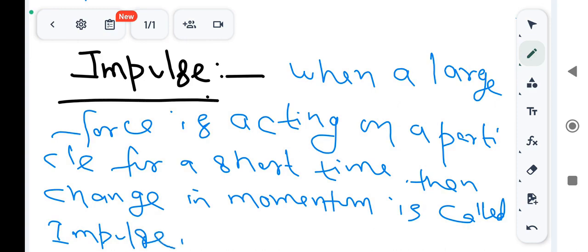The impulse is what? When a large force is acting on a particle for a short time, then change in momentum is called an impulse.